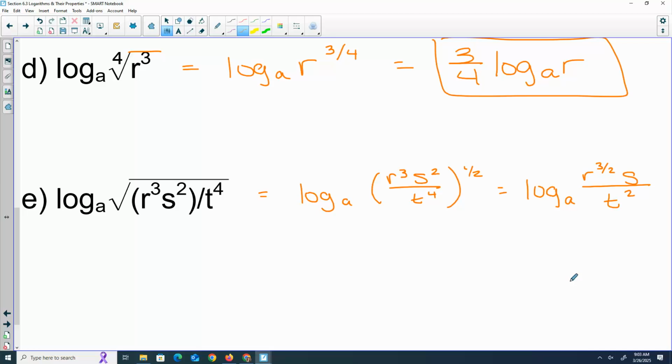So now, if I want to start breaking these up, how many logs am I going to have to write? 3, 1 for each variable.